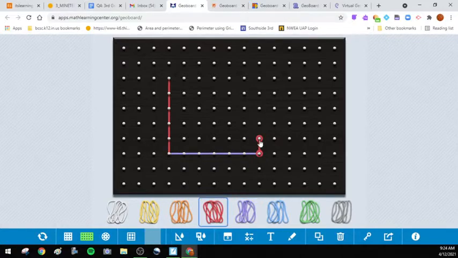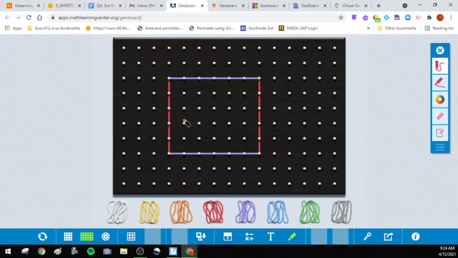Okay, and because it's a rectangle, we'll just add those other 2 sides. So that's what it looks like. Now, how are we going to find the perimeter? Well, a couple of key words. First of all, it is a rectangle, so we know that the opposite sides are going to be equal.